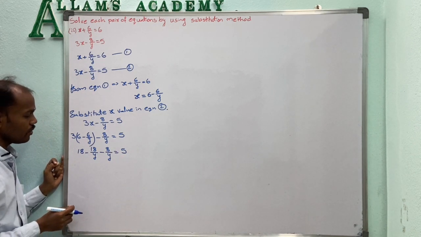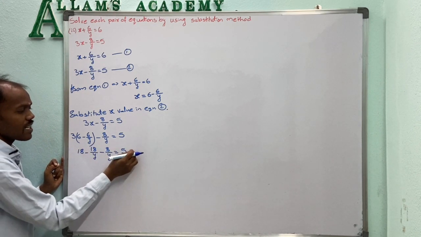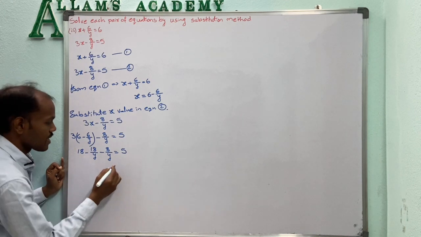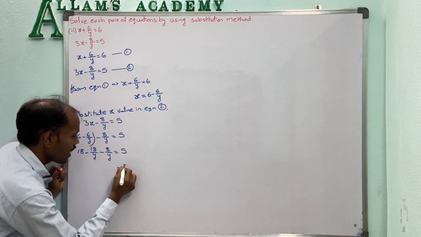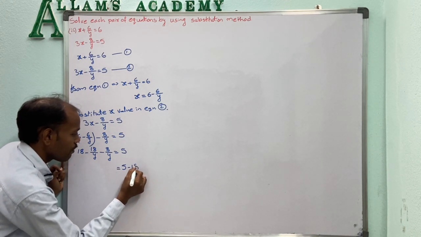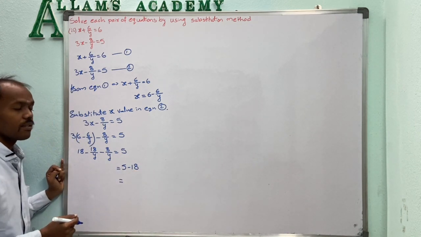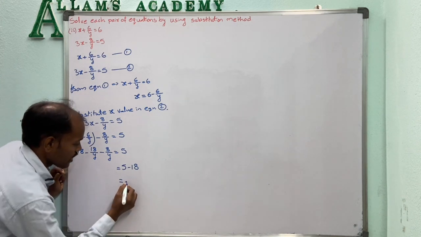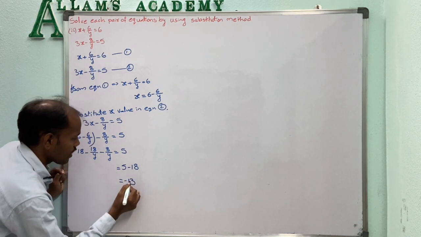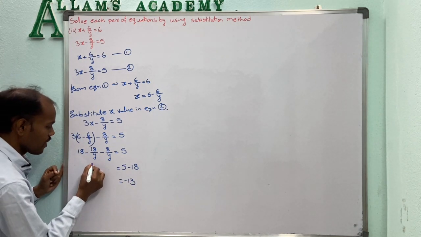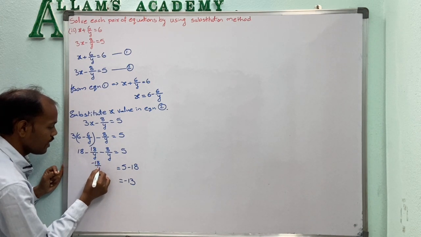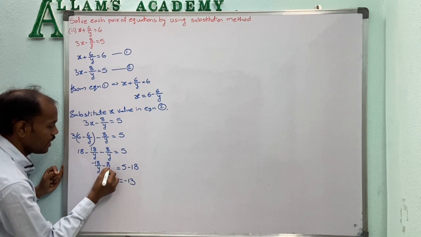Now plus 18 transfers to that side, that is minus 18. So 5 minus 18, that is minus 13. Now the remaining is minus 18 by y minus 8 by y.